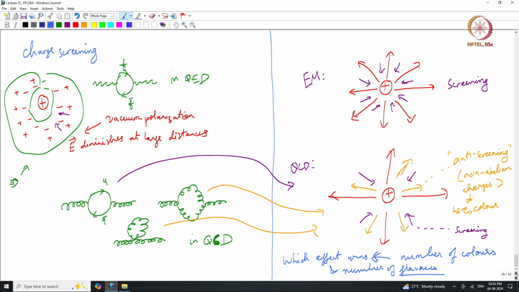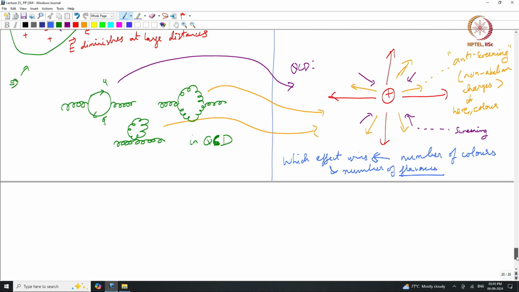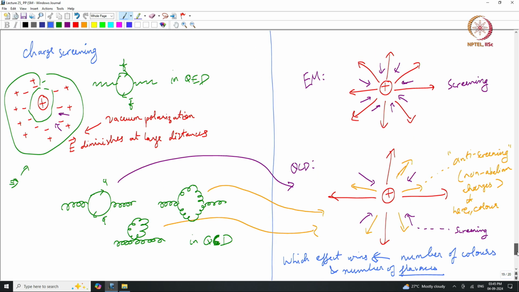Remember, we have 6 flavors of quarks. A gluon doesn't know which flavor to split off into. They all get split off equally, right? So that's what determines this. The number of colors actually helps to enhance the anti-screening. Why? Because if you have more colors, I can now put out more gluons, whereas the number of flavors only acts on the quarks.